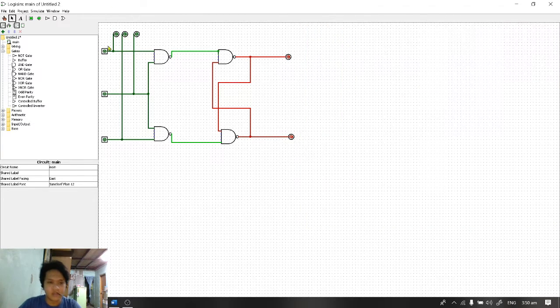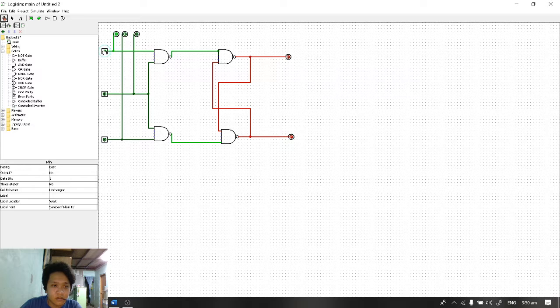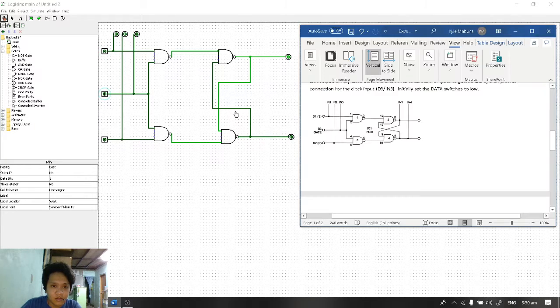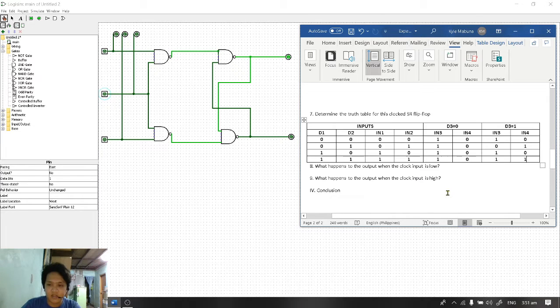So this is the circuit for circuit number 2 in experiment 10. So next we need to see the truth table. If the input is 0 1, then the in 1 will be 0, then the in 2 will be 1, then the in 3 will be 1.